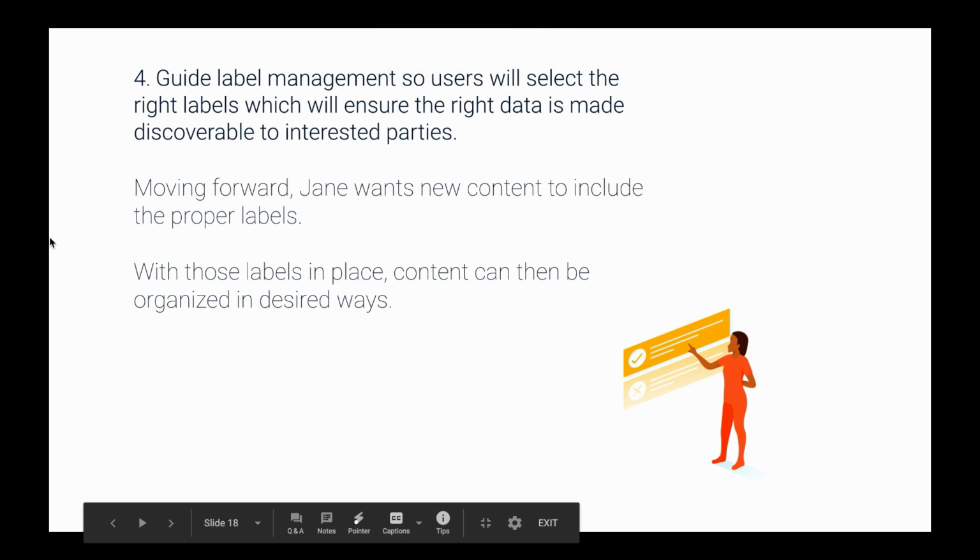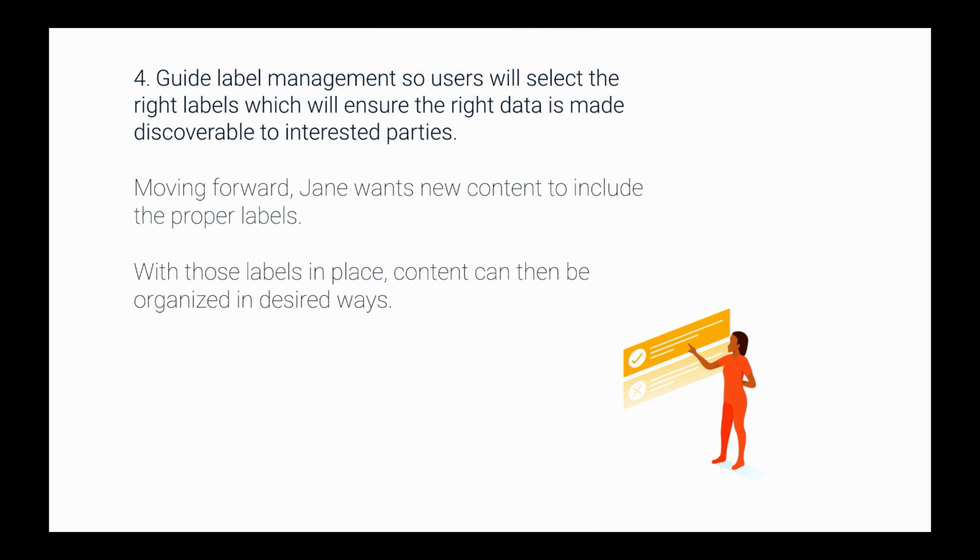With that all in mind, it brings us to our next example. So Jane just looked at some space statistics, and she probably has some ideas on how she can go in and reorganize some things and tackle some of the spaces that she's in charge of. But in order to take immediate action, what she wants to do is, from this point forward, make sure that all the users are putting the proper labels on all the pages.